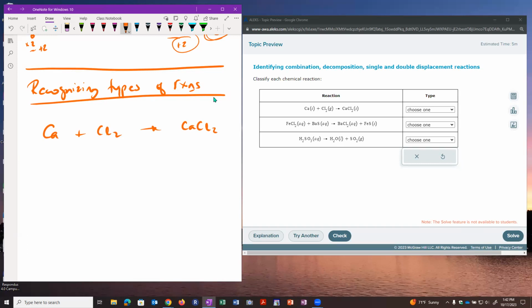So in this case, we have more than one reactant. We have 2 different reactants, and we only have one type of product. In other words, those reactants are coming together.